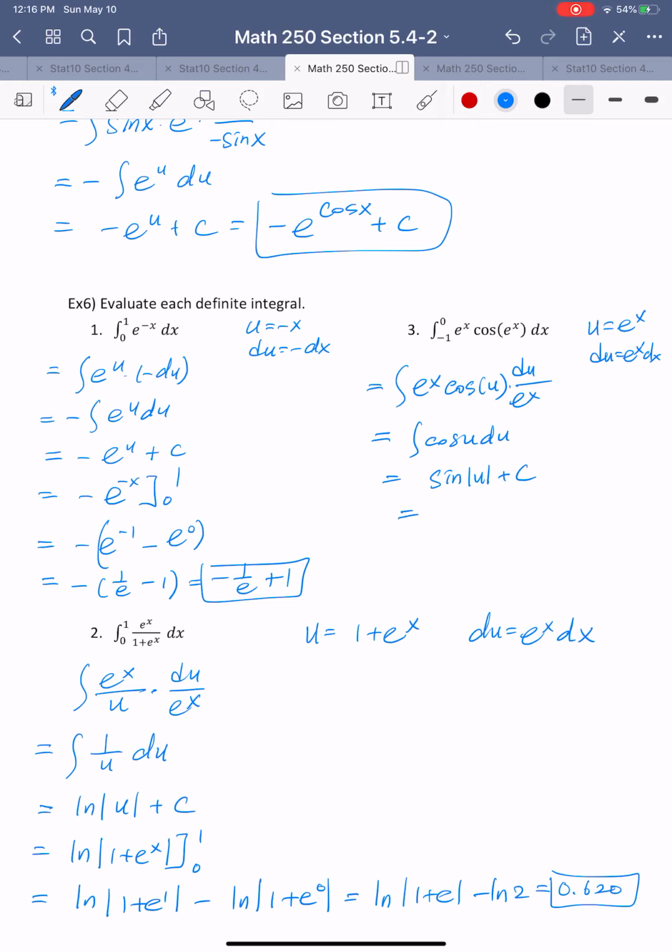And then u was e to the x, from negative 1 to 0. So plug it in: sine of e to the 0, subtract sine of e to the negative 1, and then I got sine 1 minus sine 1 over e. Approximately, it's going to be 0.482. All right, that's all.